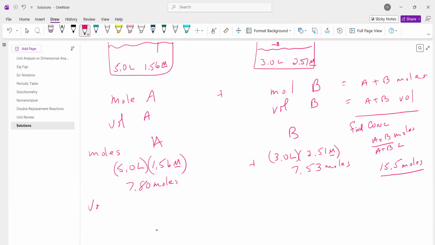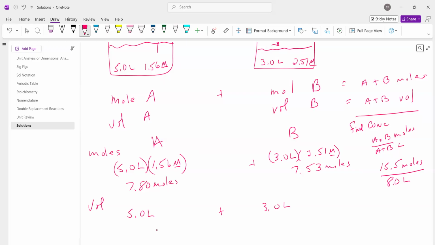Okay, volume. We have 5 liters, 3 liters. Gosh, do I need my calculator?